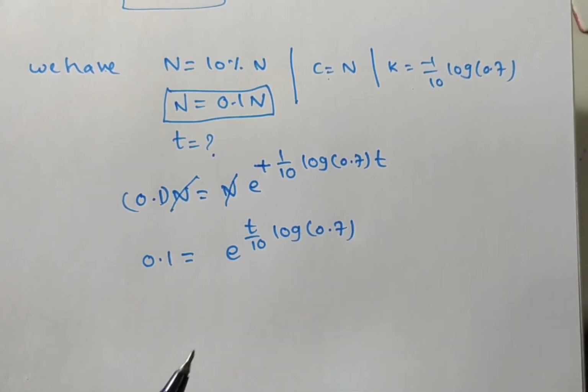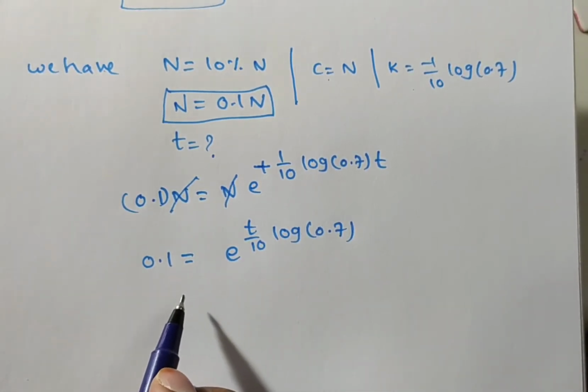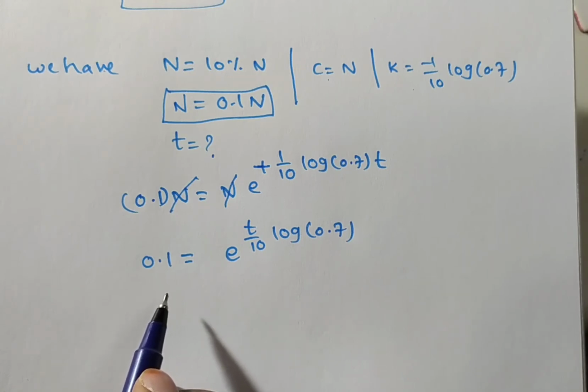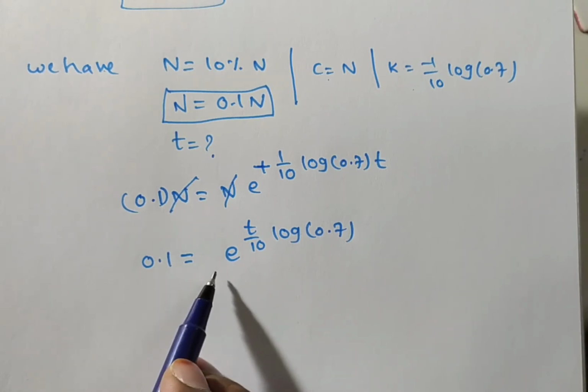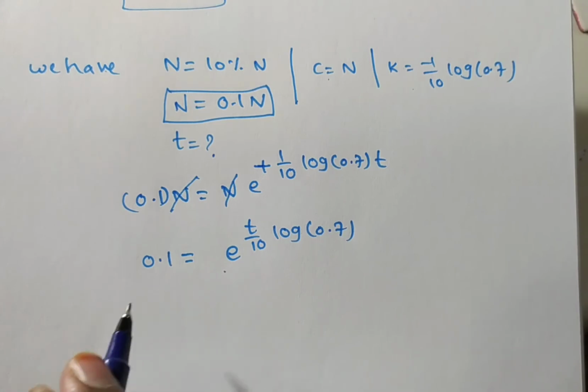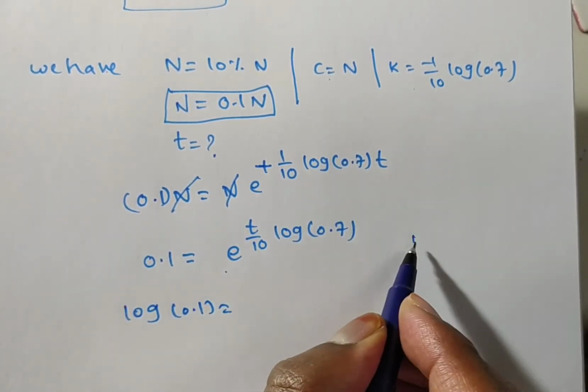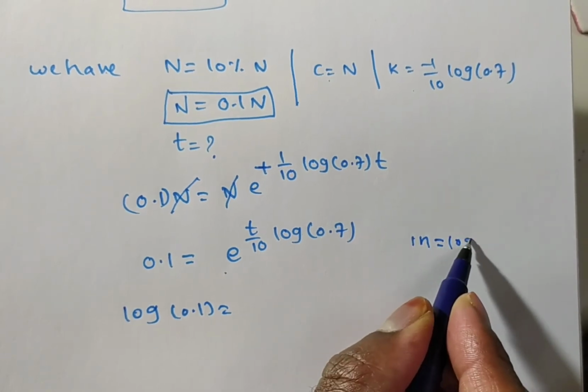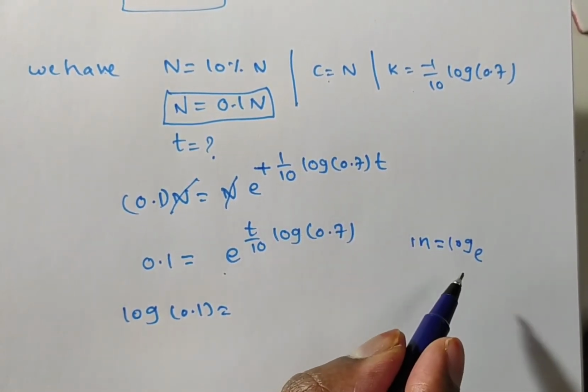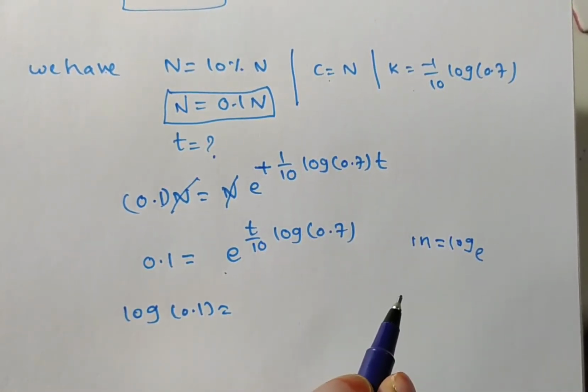So, cross multiply here. How is it possible? By applying log on both sides. So we will have ln of 0.1. Remember, ln is nothing but log base e. If I have not written any base, that is the natural logarithm.